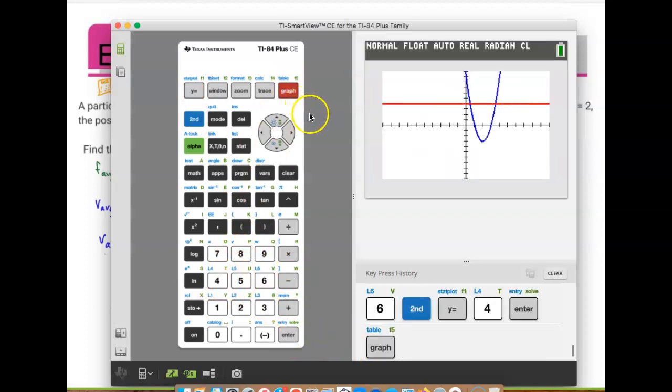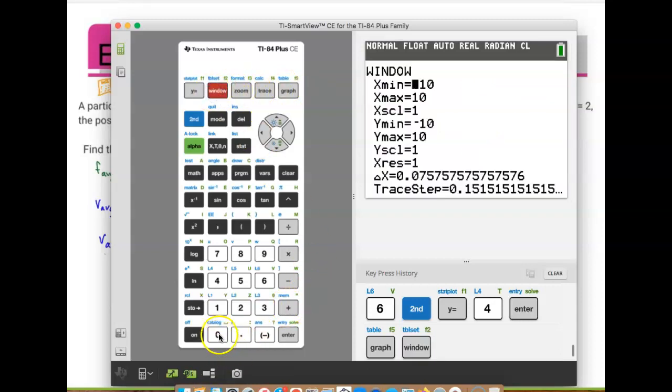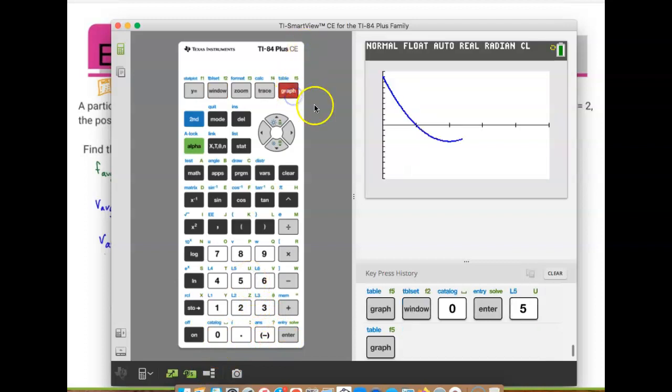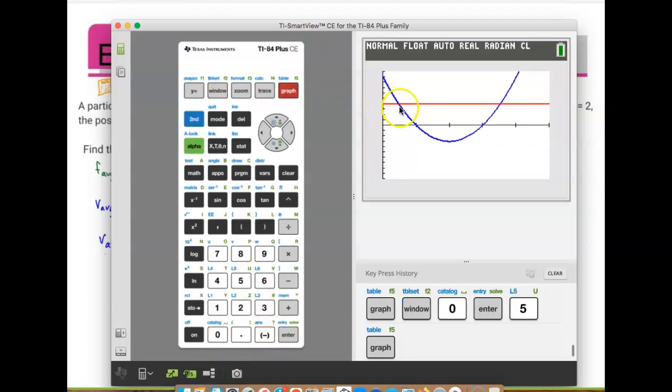All right, so there's my 10 by 10 window. Wherever those intersect, that's the value of t that I'm looking for, where my function attains its average value over that interval. So I really only need to see the window. My x window needs to be from 0 to 5 because those are the times that they want us to be focused on. So you can see it does attain its average value twice on that interval.